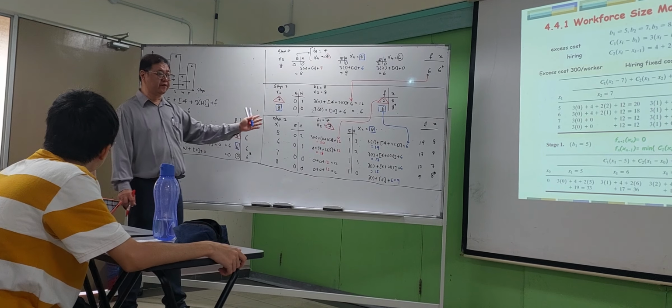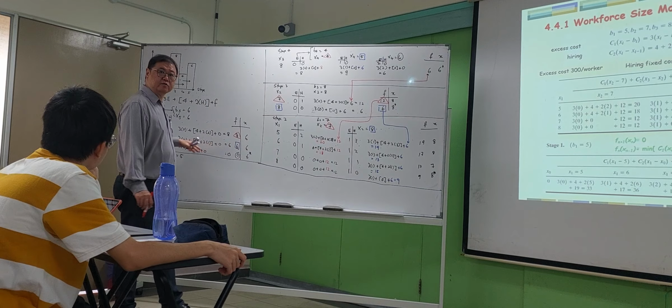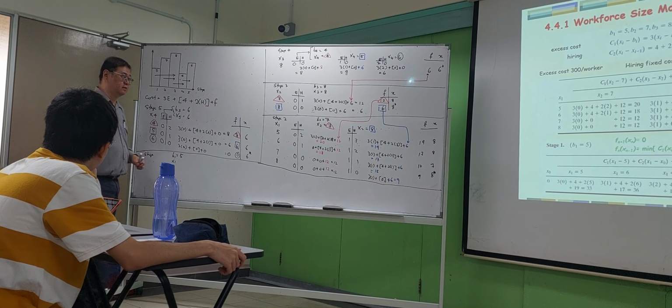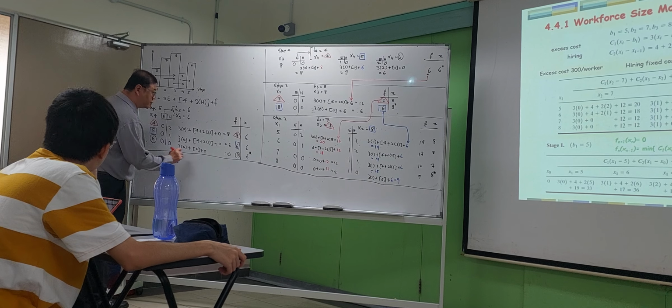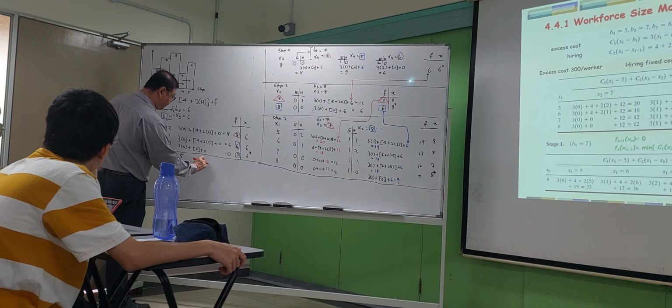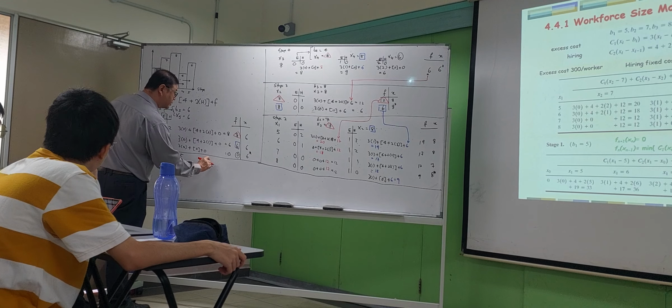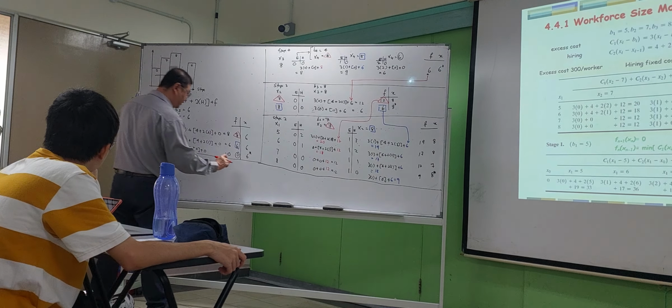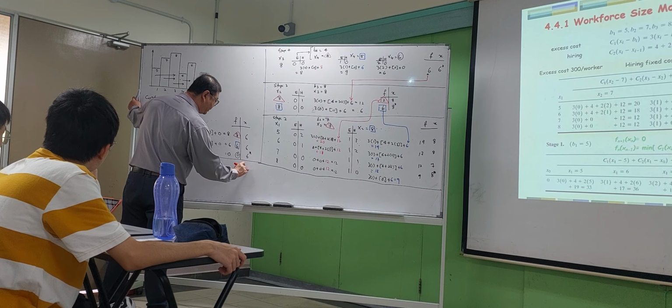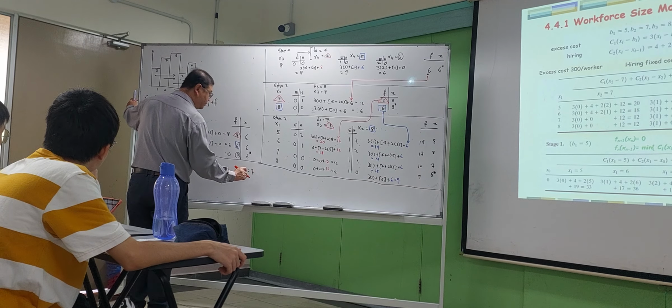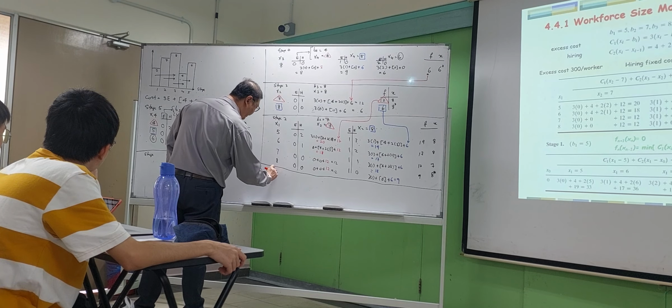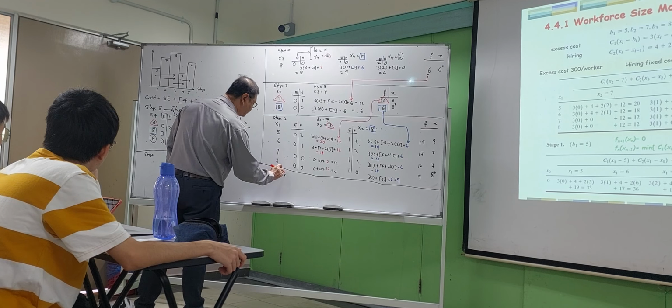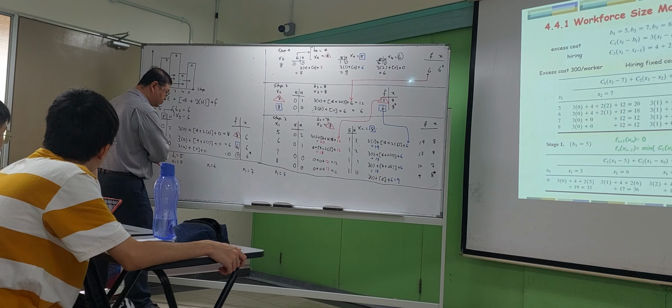X1, you are going to convert from vertical to horizontal. X1 equal to 5. X1 equal to 6. X1 equal to 7. X1 from vertical to horizontal.